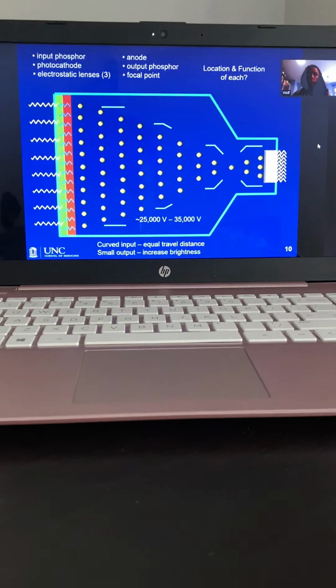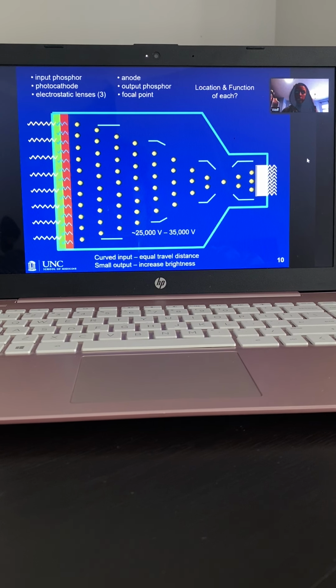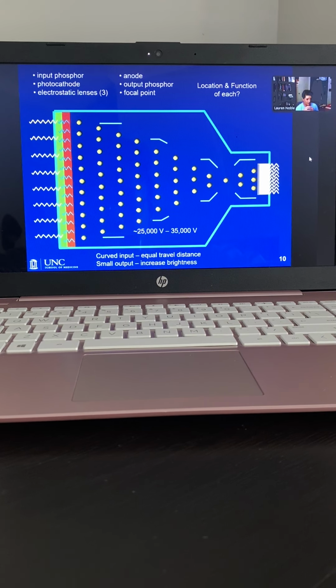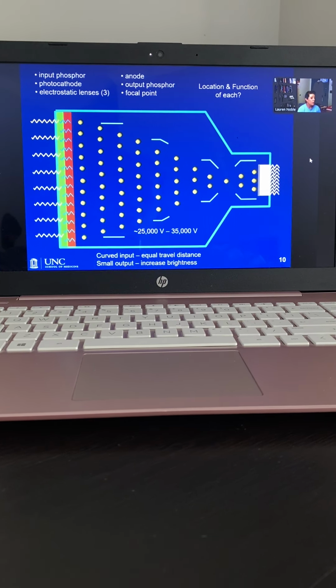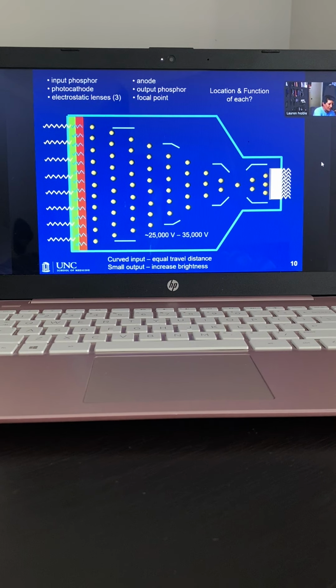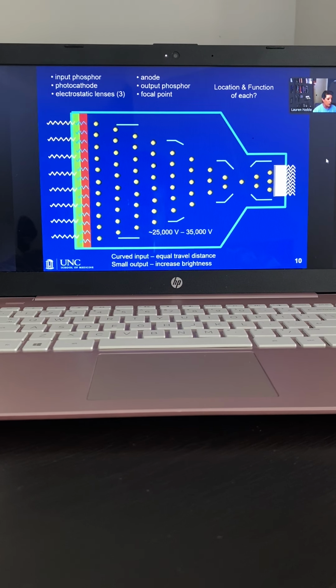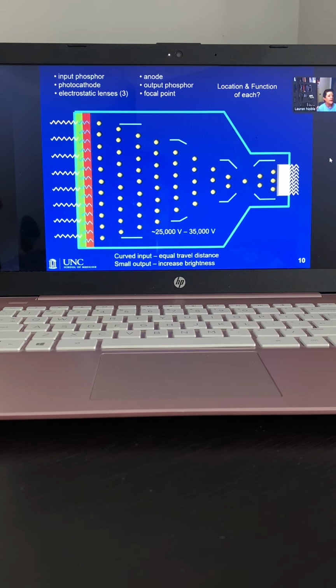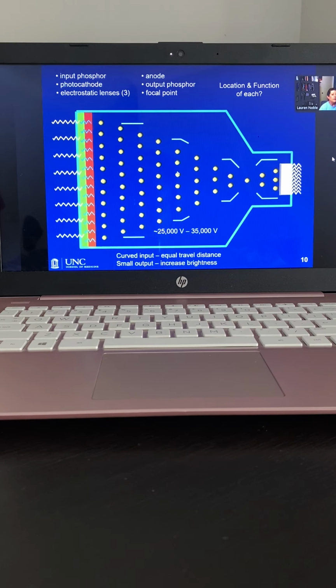So the output phosphor converts it from electrons back to light, and we end up with many more light photons than the number of electrons, then the number of light photons that came from the photocathode, then the number of X-rays that we started with. So the image brightness is greatly intensified.